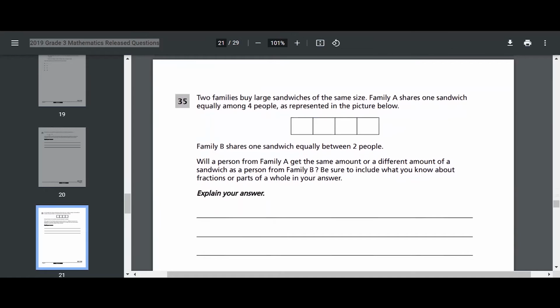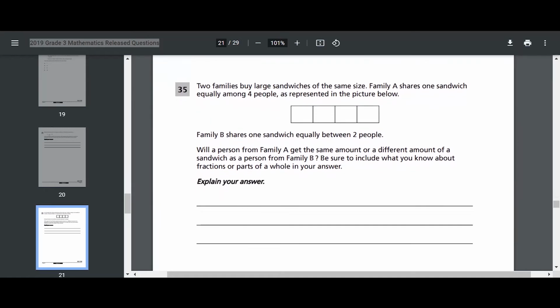Number 35. 2 families buy large sandwiches of the same size. Family A shares 1 sandwich equally among 4 people, as represented in the picture below. Family B shares 1 sandwich equally between 2 people.